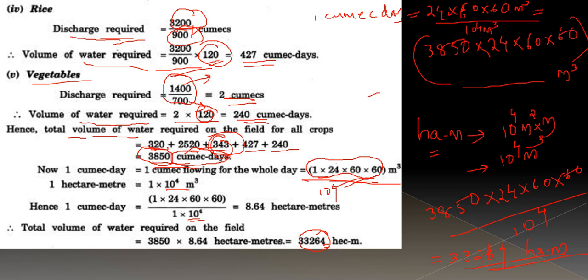You will be getting it as 8.64 hectare meter. That means 1 cubic day is equal to 8.64 hectare meter. Therefore, multiplying 3850 by 8.64 will give you the total volume of water required in hectare meters.